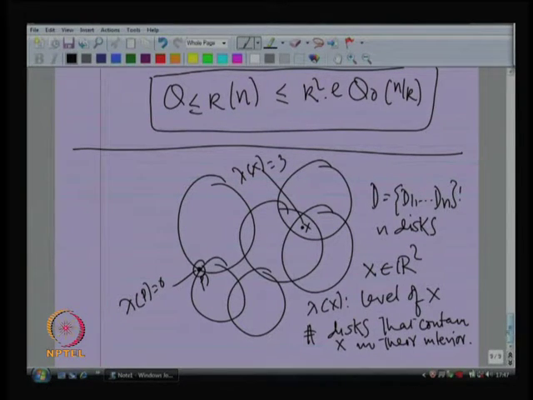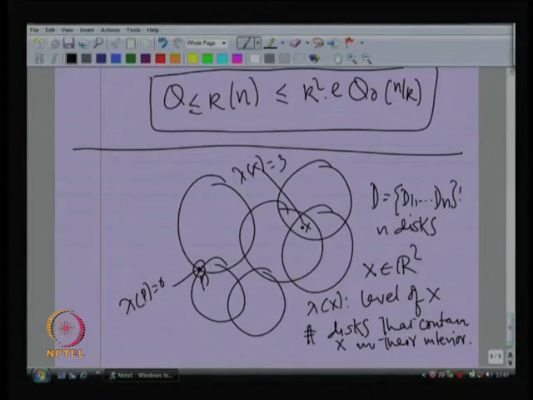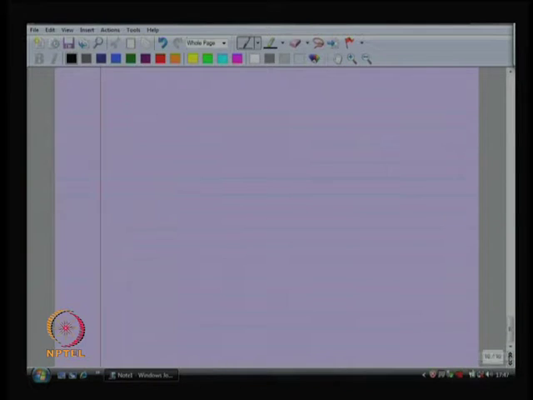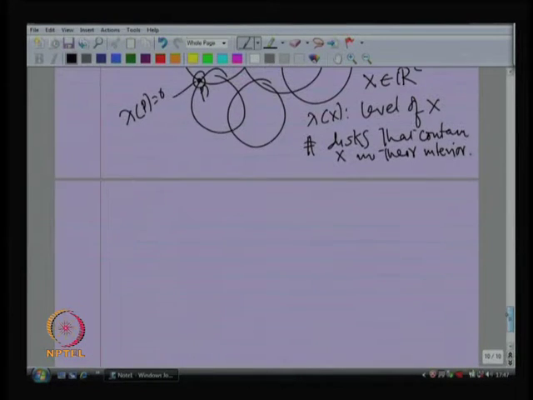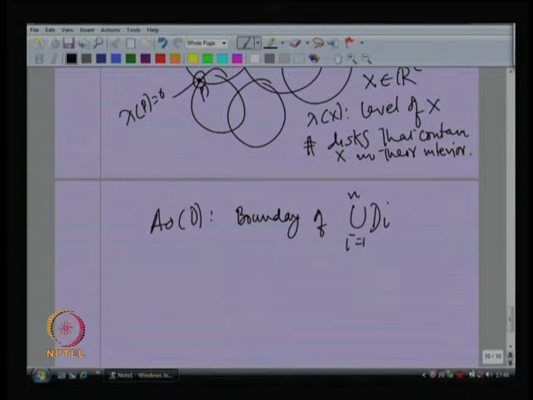So, what is label 0 in this case? Yes. You look at the boundary of the union, the boundary of the union is label 0. Again, if I define the arrangement, I can talk about A 0 D, which is the boundary of the union.